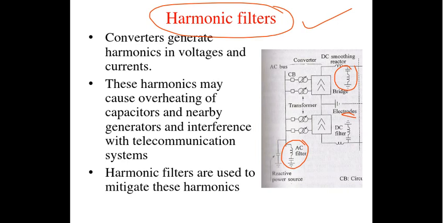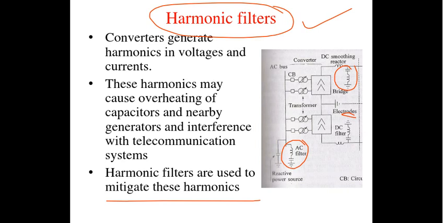Harmonics are components of undesired frequency signal. They are basically formed due to the rapid formation and collapse of the magnetic field, right? So harmonics are generally the undesired frequency components which unnecessarily generate heat and other things.